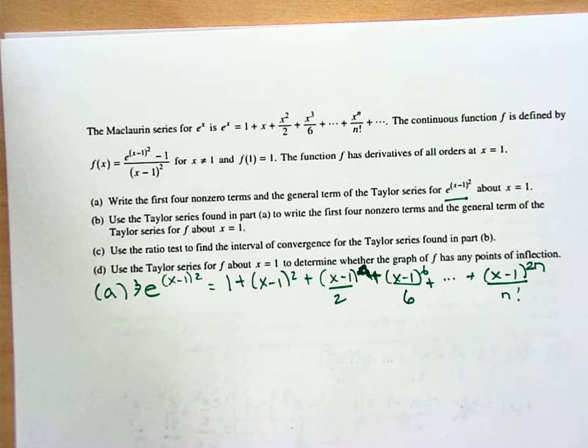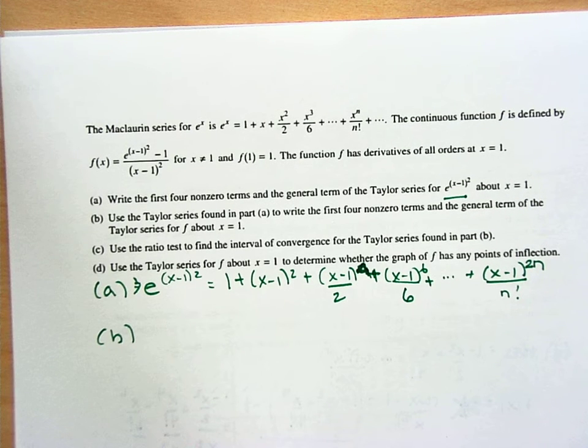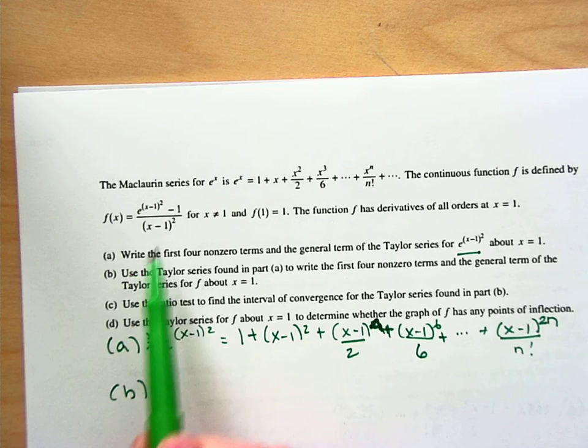Okay, so let's move on. B, use the Taylor series found in A to write the first non-zero terms and the general term of f. So this is our f right here.